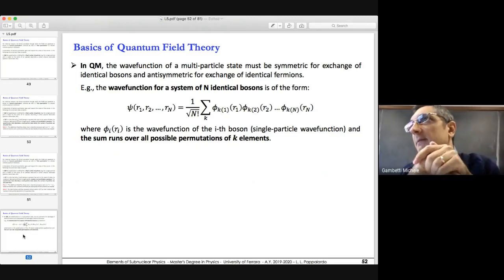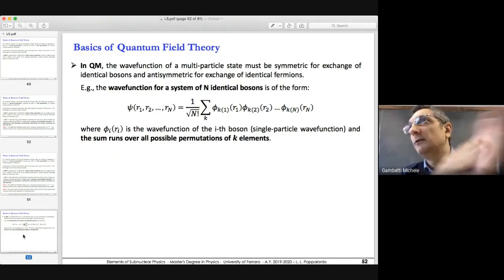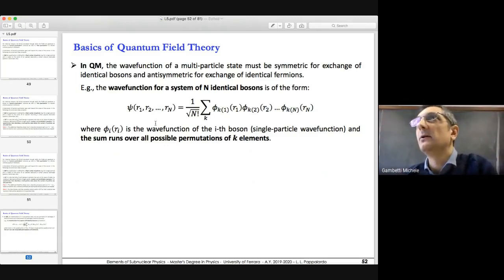Again, let's make a comparison between the wave function in quantum mechanics and in quantum field theory. In quantum mechanics, the wave function of a multi-particle state must be symmetric for exchange of identical bosons, as you know, and antisymmetric for exchange of identical fermions. Let's take an example: the wave function for a system of n identical bosons.